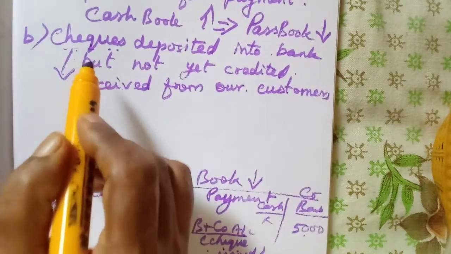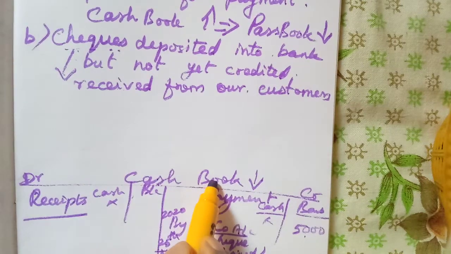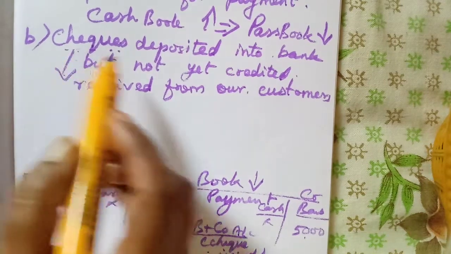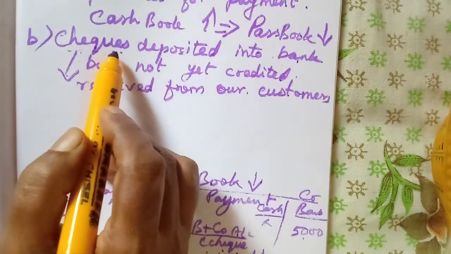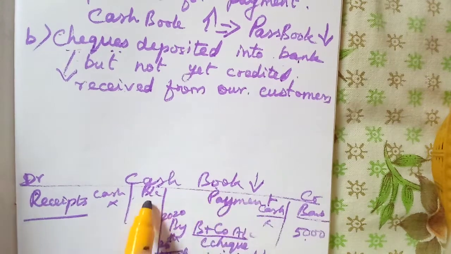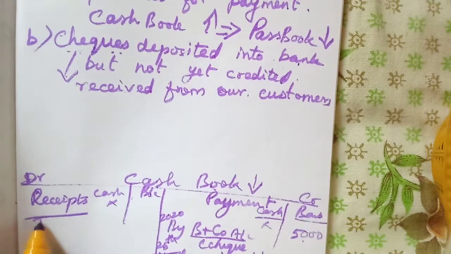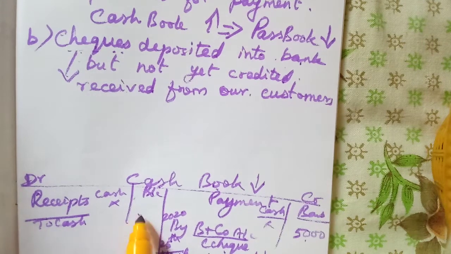So from the business point of view, we will enter in the cash book. When we deposit a check into the bank, what is the entry? Bank account debit to cash. Isn't it? So bank debit to cash we will write. Here how much? 5,000.